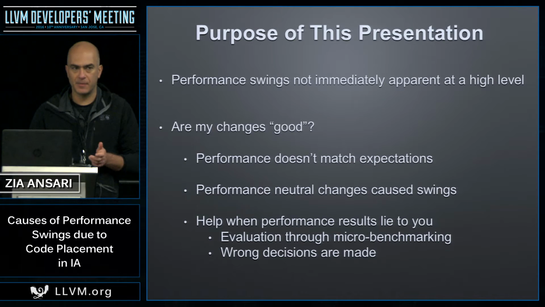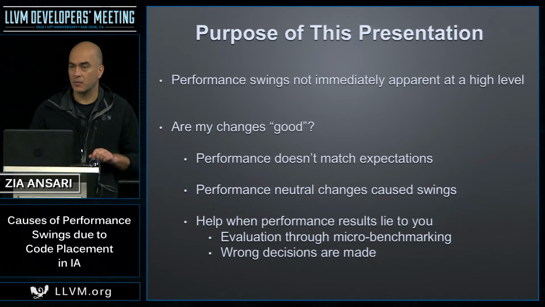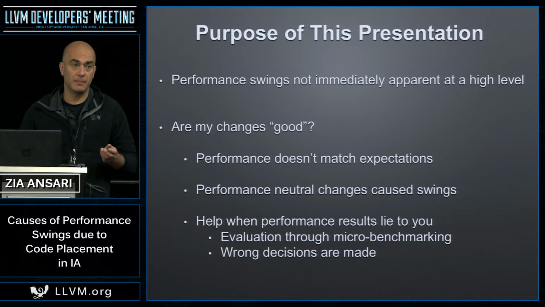For example, one of them is as a means to determine whether you have a change set that's good or not, or to be able to better identify that. So I'm just going to go through some real quick examples. Let's say you have an optimization that you're working on, and you've identified it by looking at a benchmark.